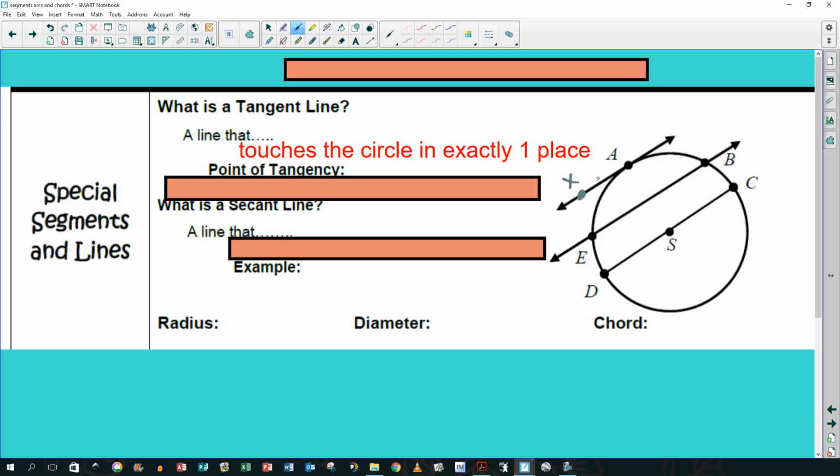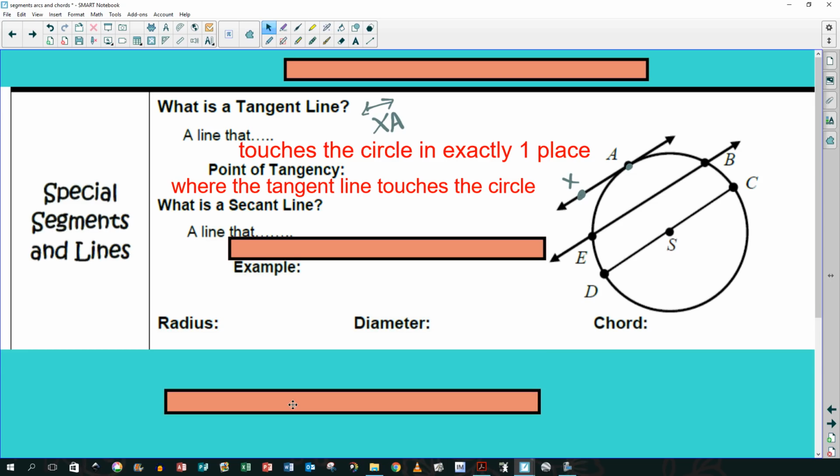Let's just call this point X. So line XA touches the circle in exactly one place, so therefore it is a tangent line. The point where it is touching the circle is called your point of tangency. So point A would be your point of tangency. That's where it's touching exactly. So it's just like sitting on top.